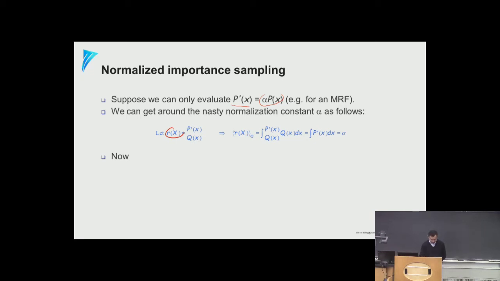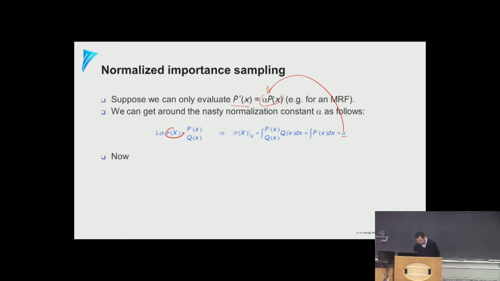And then you can actually see the following thing. It's very interesting. Let's compute the expectation of the ratio itself. This ratio is between the unnormalized target distribution versus the proposal distribution, and you compute an expectation of that. And that gets you basically the expectation of the ratio, which corresponds to the normalization constant itself.